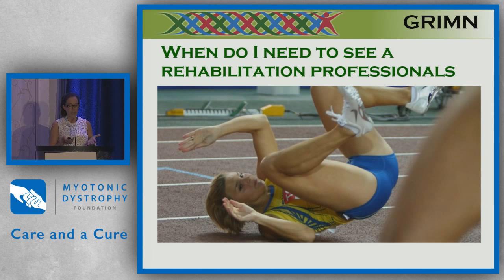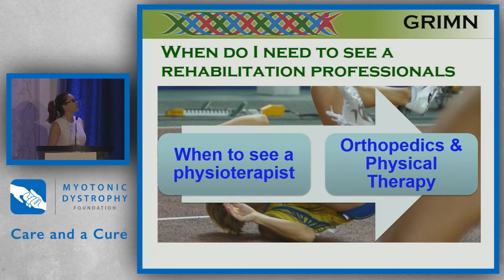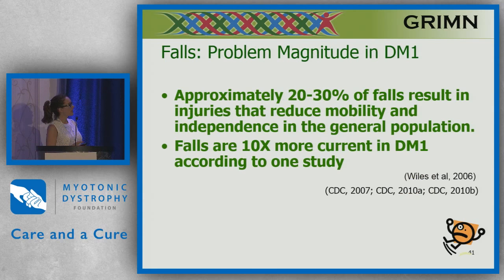So you start talking to your GP or your rehab team about it, and then they can assess you and provide options. So you need to see a physio, first of all. Because there is an increase of around 10 times in people with myotonic dystrophy, not at the beginning of the disease, but as the disease progresses, they will have a higher tendency to fall.